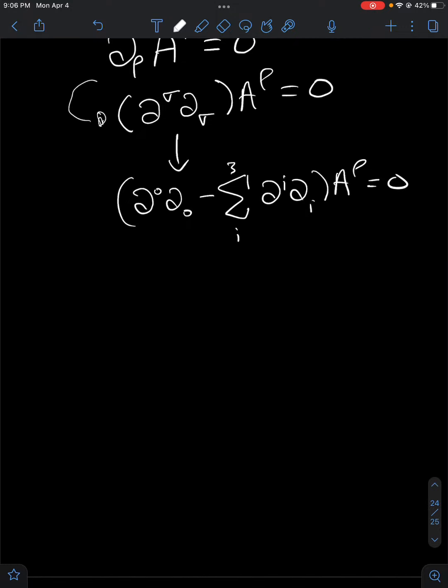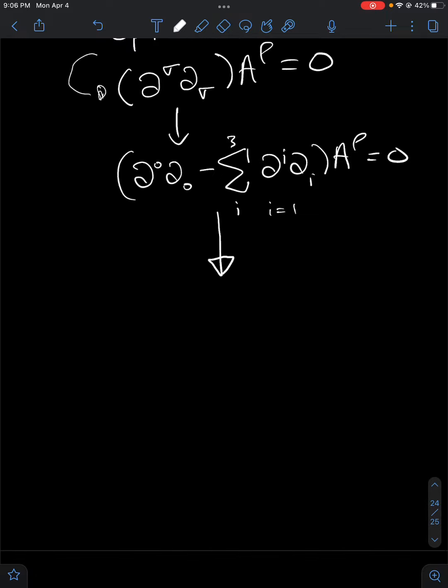We can just choose the case where i is only equal to 1 to simplify it a bit more, and then write our derivative sign in a more explicit form to get this equation over here.